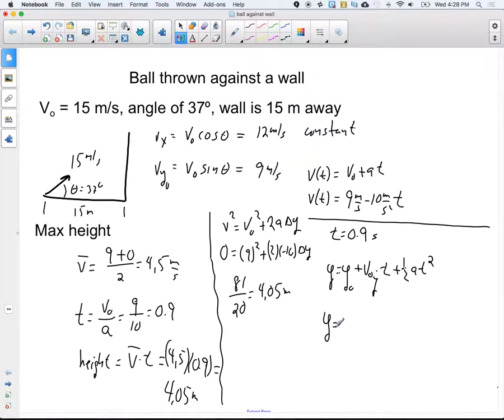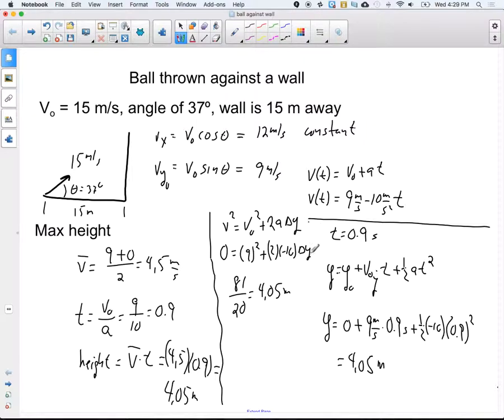Y is equal to, it starts out at the ground, plus 9 meters per second times 0.9 seconds plus 1/2 times minus 10 times 0.9 quantity squared. And if you do that all out, you still get 4.05 meters.